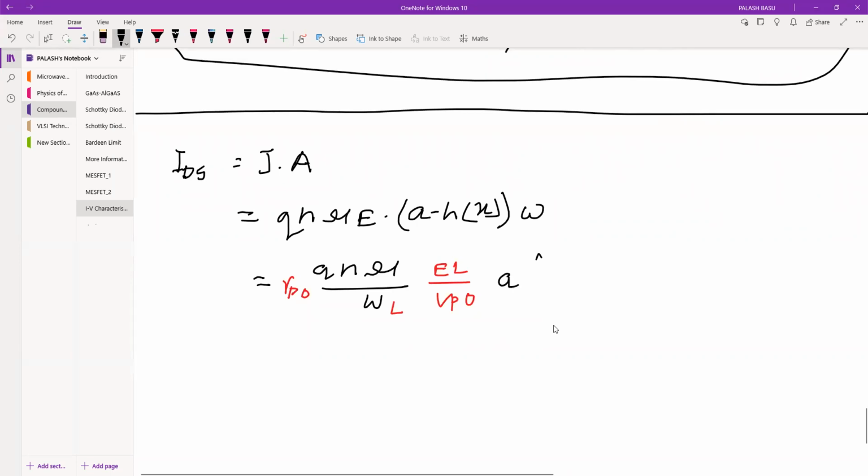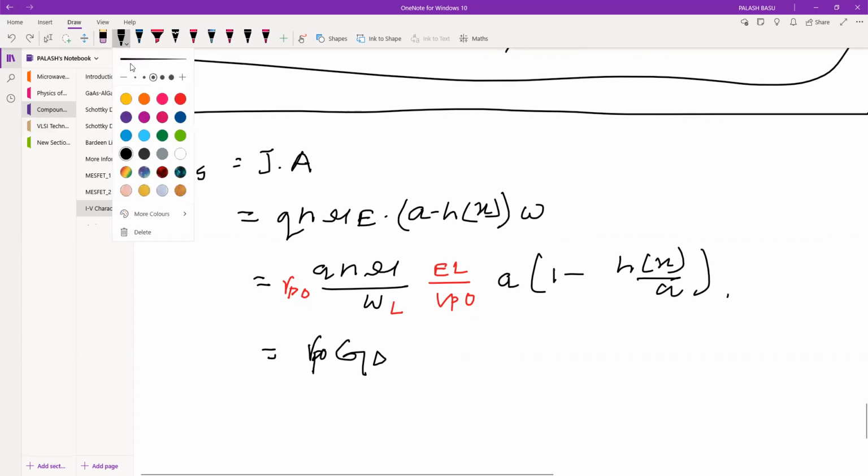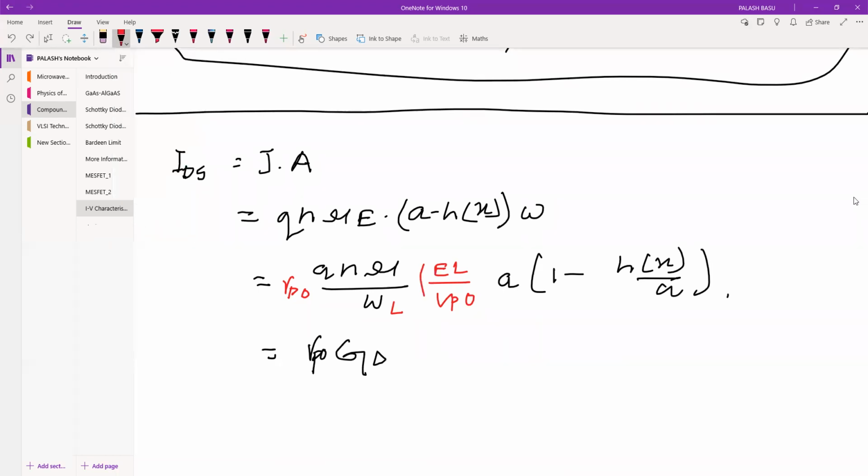Then you take the A 1 minus, right? Now Q n mu W by L into A, that is nothing but G0. It is nothing but Vp0. And this component they have represented with a component called alpha.